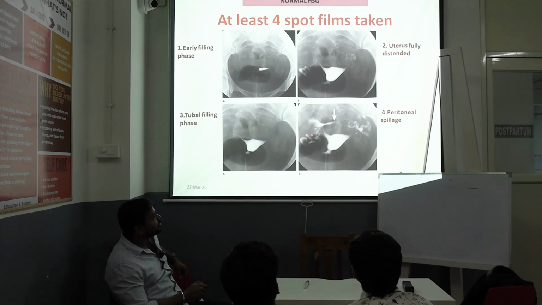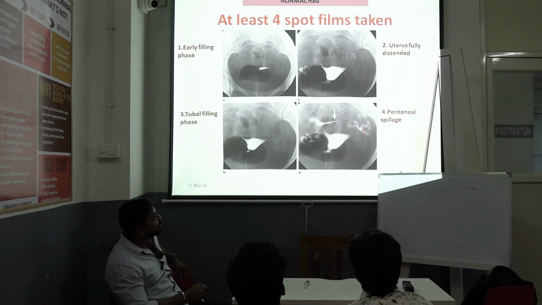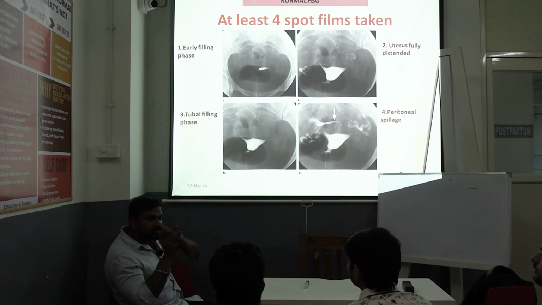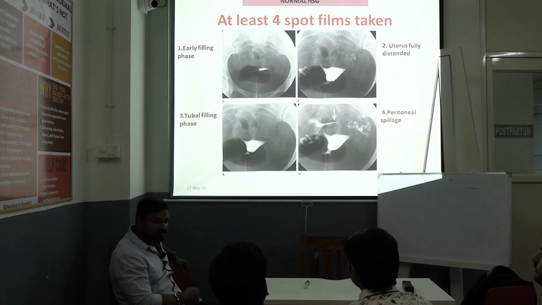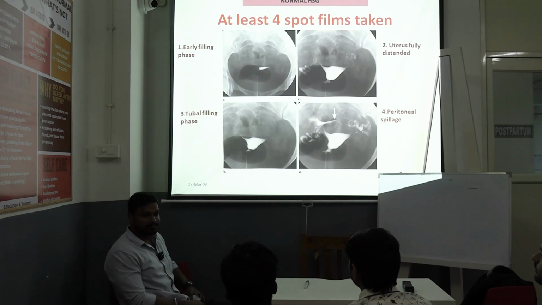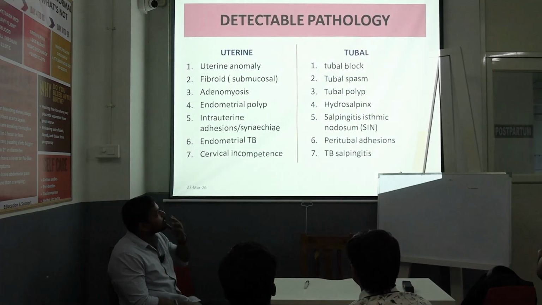Then there is peritoneal spillage from the tube, it has come and spilled over the peritoneum. From the tube, the fimbria, it will leak out from the fimbria. When it comes out, we say the tube is patent, or if not, the tube is blocked, okay.